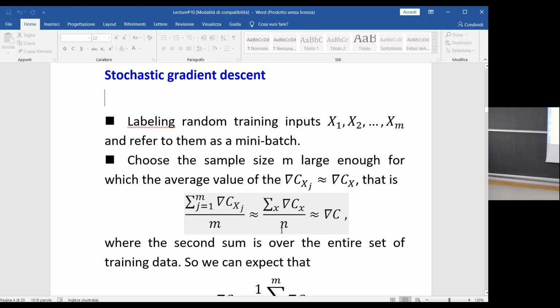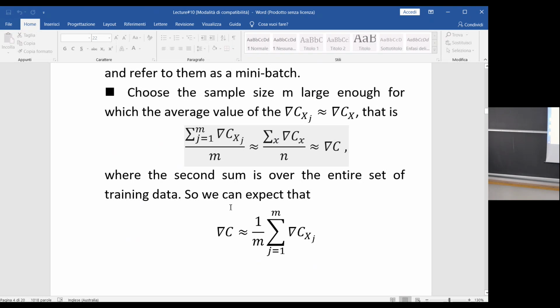N is the number of our training set. It is 60,000. So we can abbreviate it. And we think that it is approximately equal to the gradient of C.